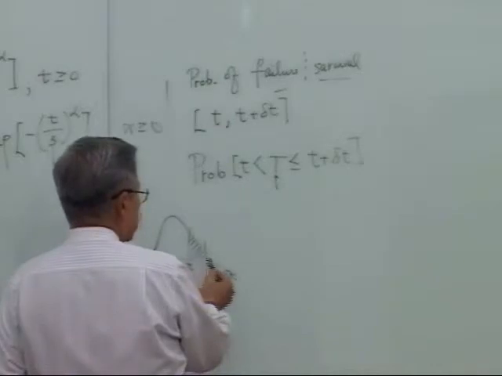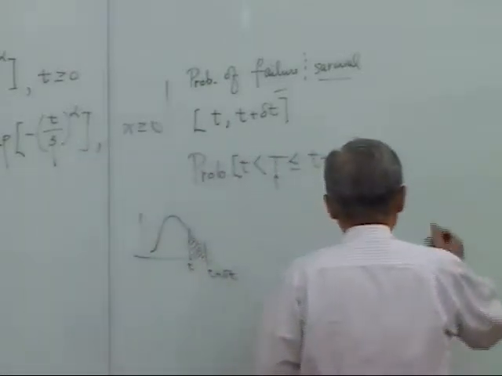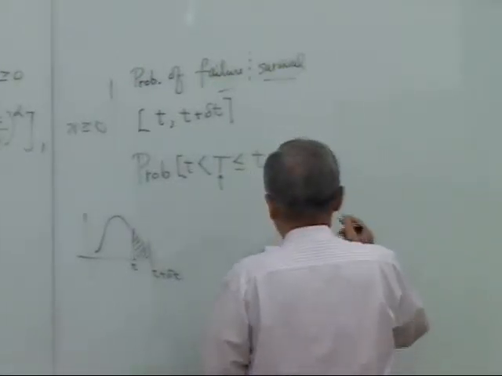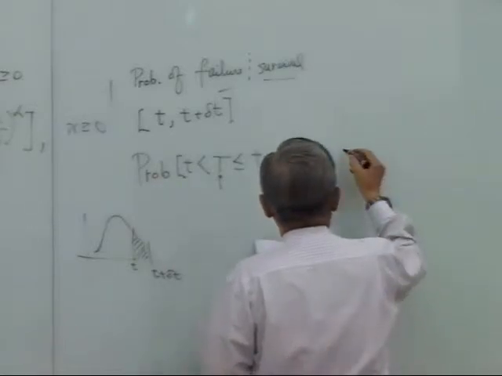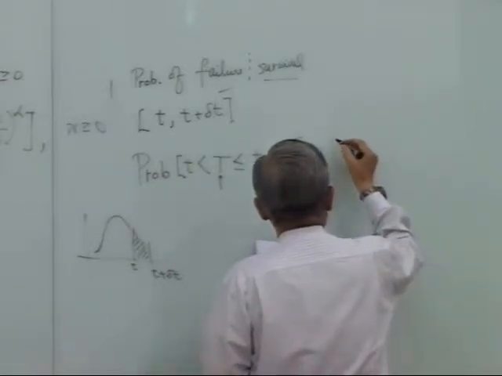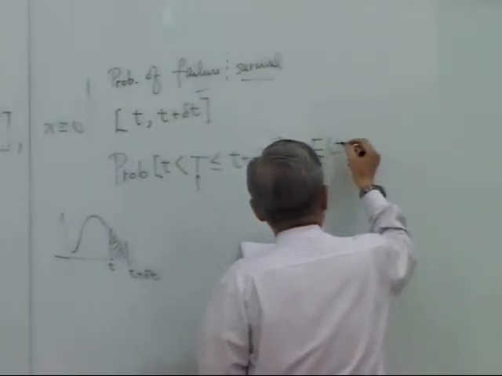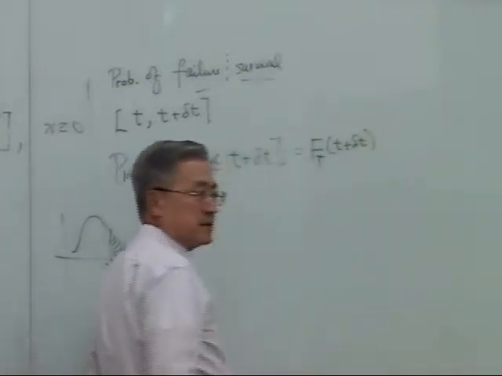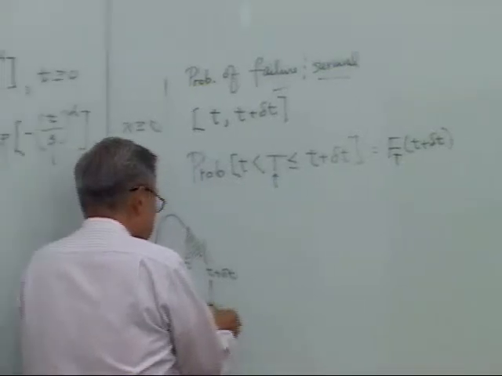The probability is nothing but the area for that interval. So the probability of the failure is equal to F(t plus delta t), which is the area up to here.